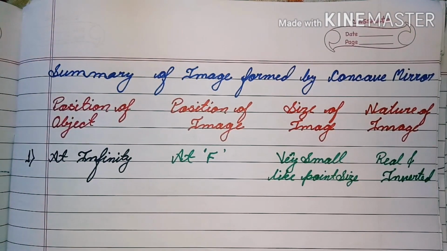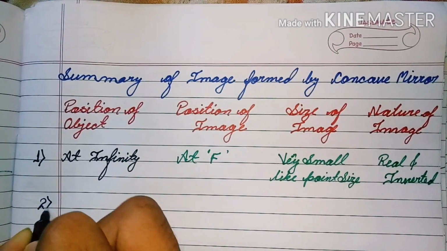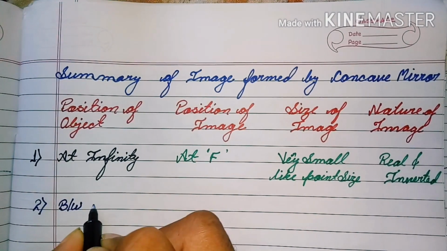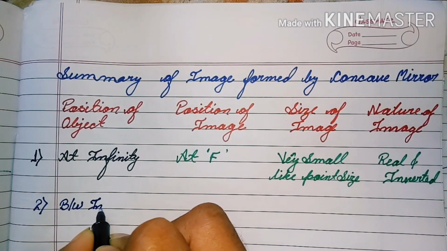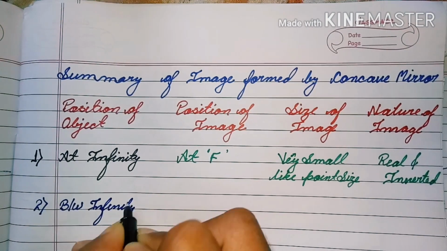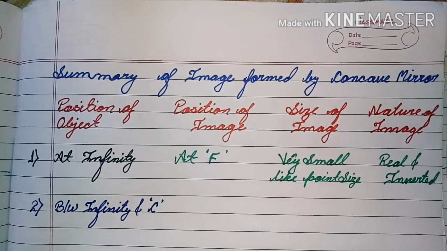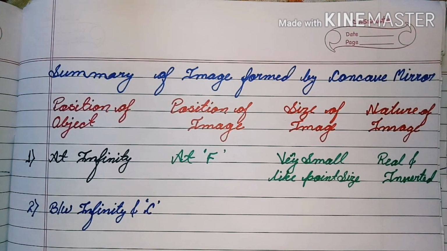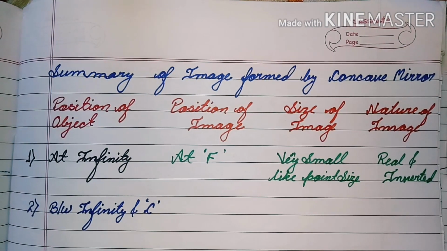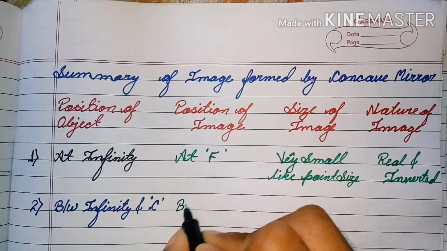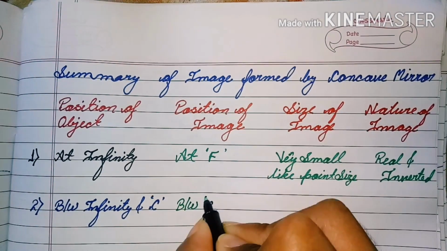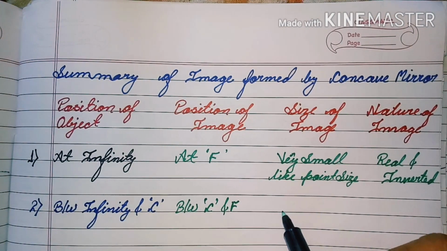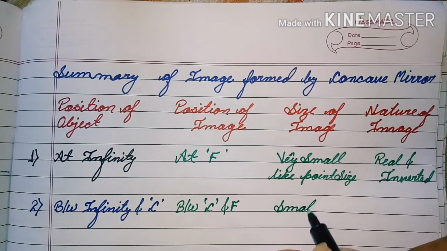Now the second case, as we have discussed, is when the object is placed between infinity and center of curvature, that is beyond center of curvature. The image is formed between center of curvature and focus, and the size of the image, students, is small.